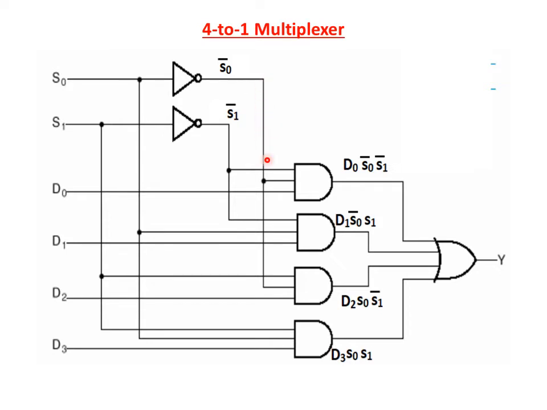So the output expression at this AND gate is D0, S0, S1 bar. The second AND gate is D1, S0 bar, S1, and here D2, S0, S1 bar, and this fourth AND gate is D3, S0, S1. Now we are adding all these combinations by using one 4 input OR gate. So this is the logic diagram representation of 4 to 1 multiplexer.